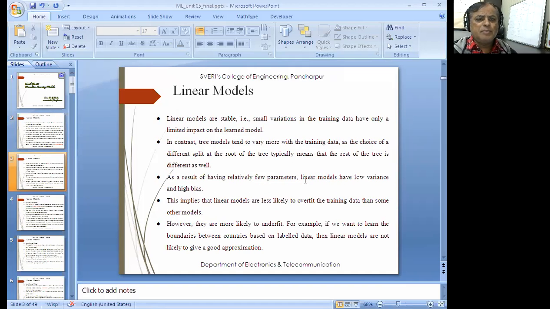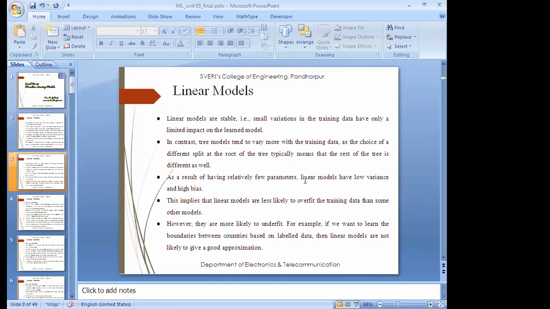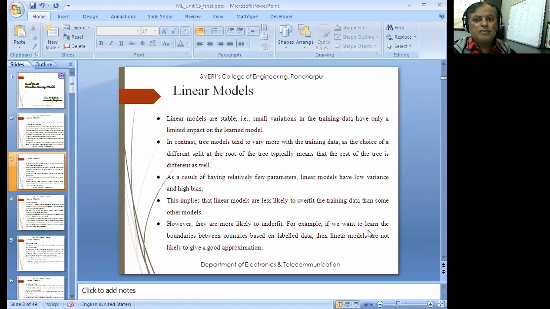These linear models are stable, in that small variations in training data have only a limited impact on the learned model. Obviously, stability is the most important thing. When we say that my model is stable, what does that mean? Even if there are small variations, they will not have much impact on the learned model.